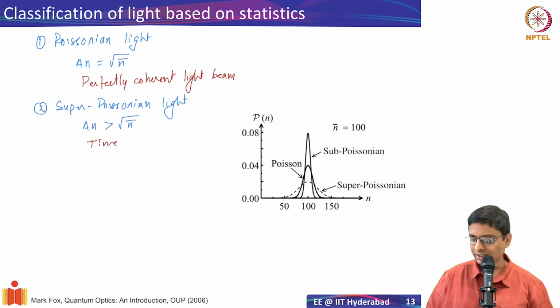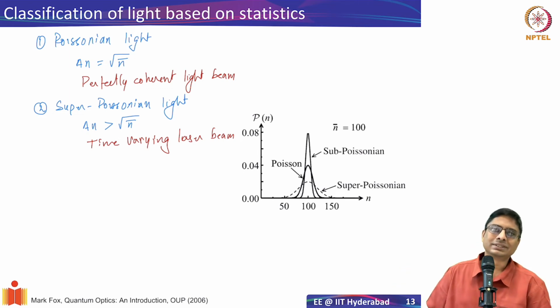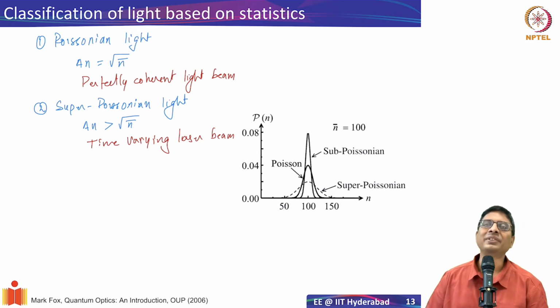It can be time varying light or laser. We'll have Super-Poissonian statistics. A pulse is, still there is some order to it, right? But if I'm varying randomly in time or something like that. Okay.